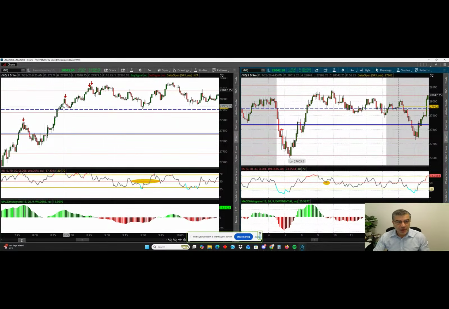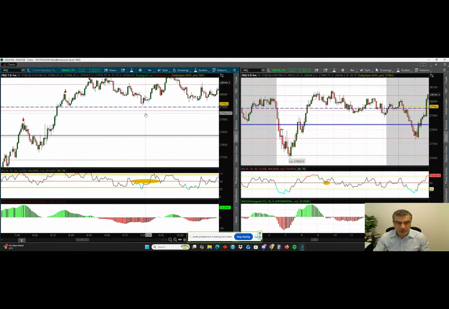Okay, so market came up here, played around here for about 45 minutes, came down and tested the day session open. In fact, it was just a few ticks above the open, which was an indication the market is strong. There were buying orders there.